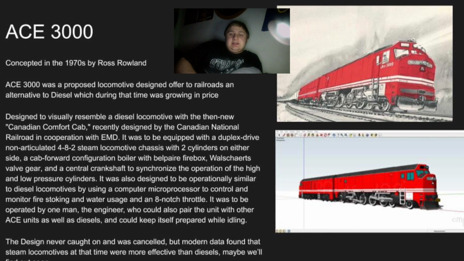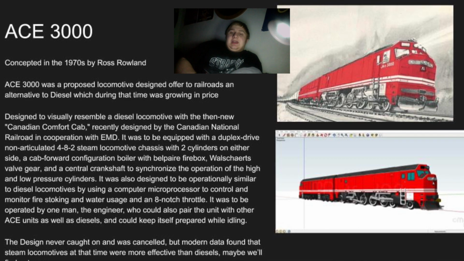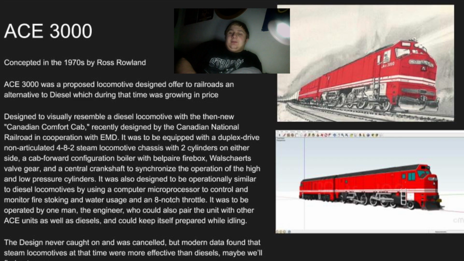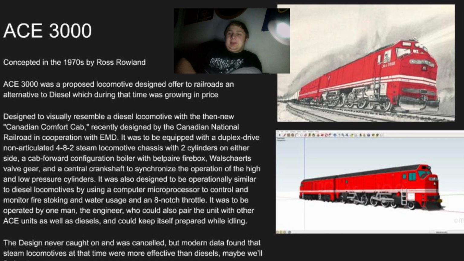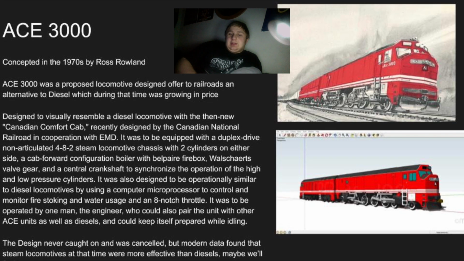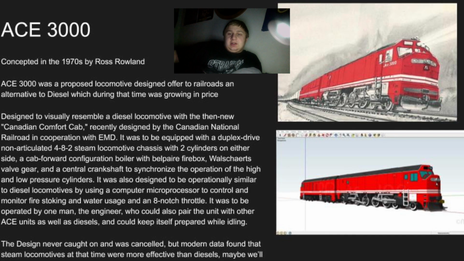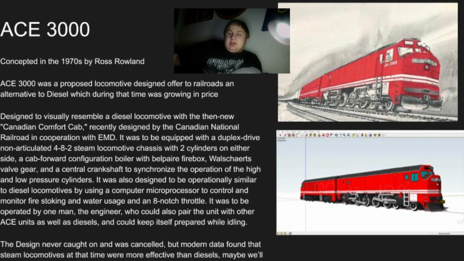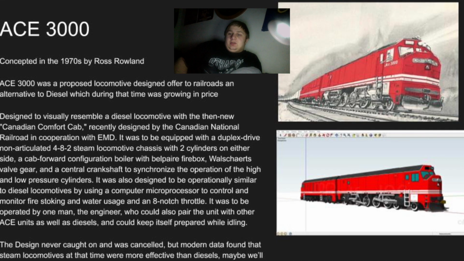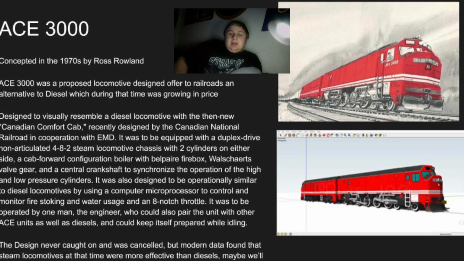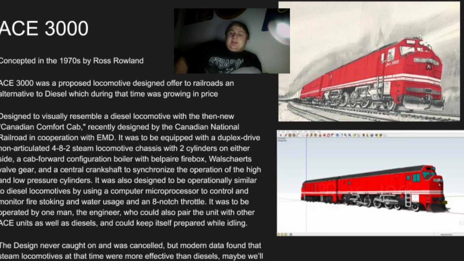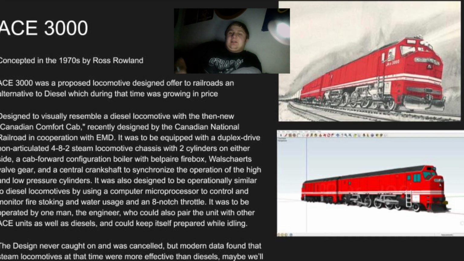That's quite an interesting thing, because we can't run even our own diesels with that. So how the heck can you run a steam engine with that? Also, there was not a fireman in this engine. It was all going to be run off of a stoker, which is basically a device that carries coal into the firebox to create the fire that burns the coal that creates the steam.